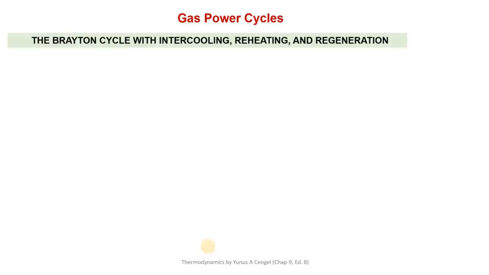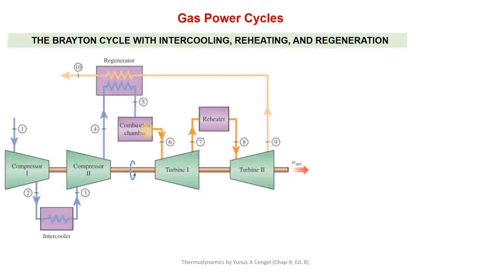So now the resulting Brayton cycle, in which we are using intercooling, reheating and regeneration, all of them. So that is the resulting Brayton cycle. Here you see fluid enters again from ambient air, initial P1, in compressor 1.